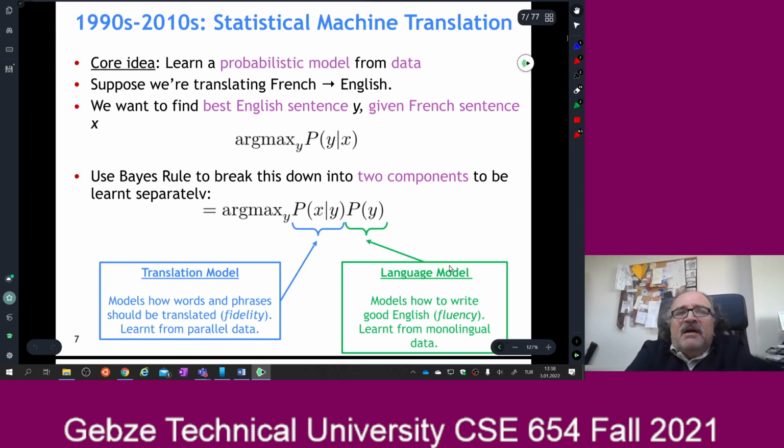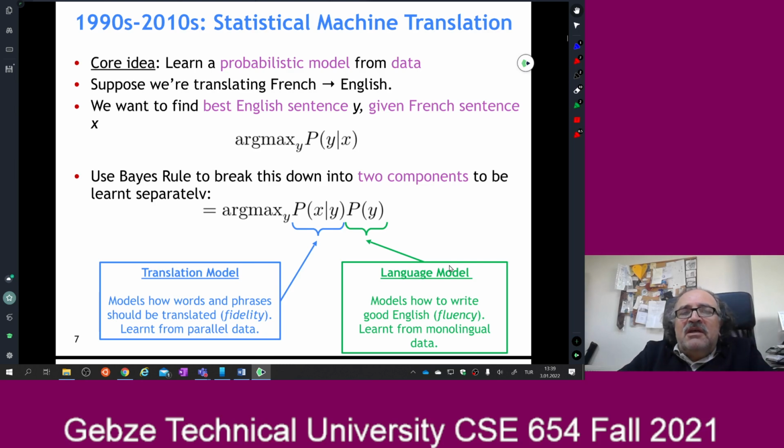Up to the 1990s, all the systems were rule-based, and we know that rule-based systems have many limitations, and we talked about those limitations when we talked about part of speech tagging and so on. So they started using statistical machine translation, or machine learning.